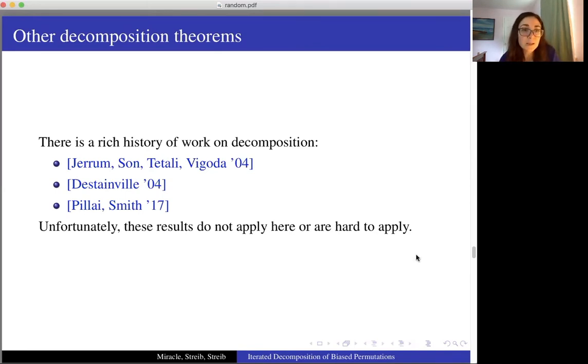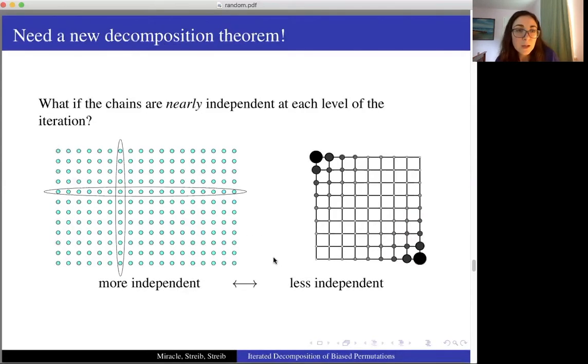So the JSTV paper has some iterable bounds in it. We were not able to get these results to apply to our application. And so we decided we needed a new decomposition theorem that allows us to take advantage of the chains being nearly independent. But part of the challenge is to decide what it means to be nearly independent.